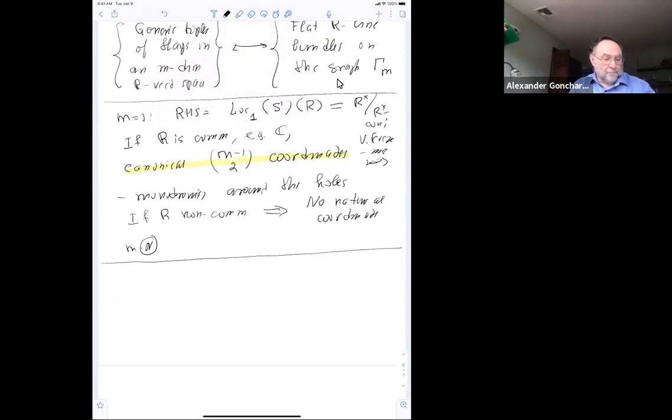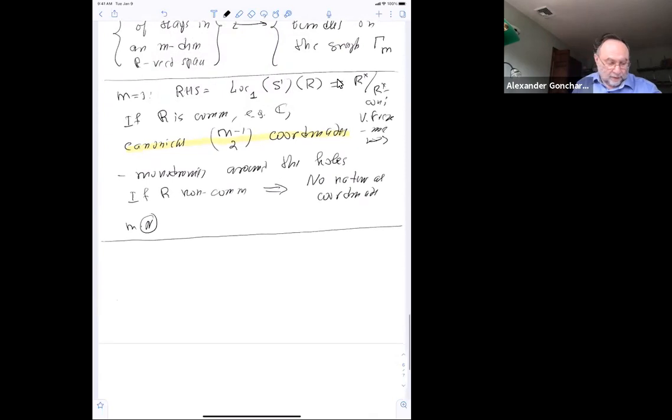So first of all, let me explain how you go from generic triples of flags to a flat line bundle on the graph gamma m.